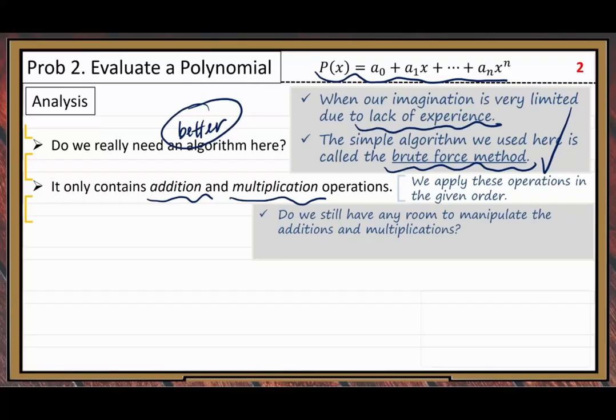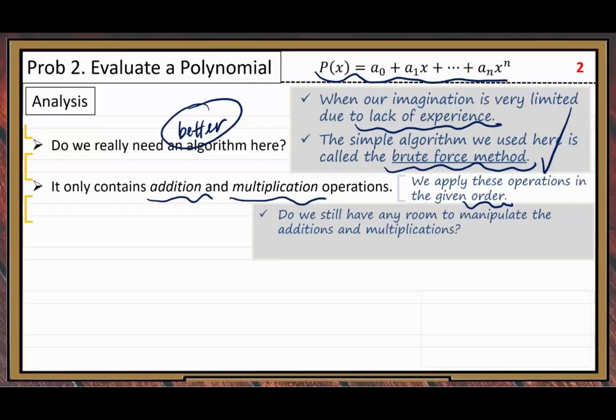The room is here, the order. Because when you apply additions and multiplications, what order do you use? You have different ways, different orders to apply the additions or multiplications, right? If you recall our previous method, that's a different order.